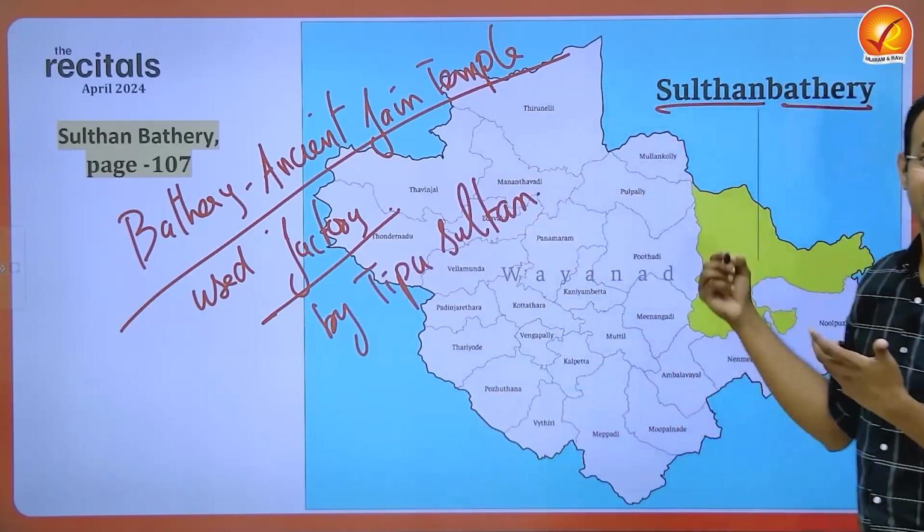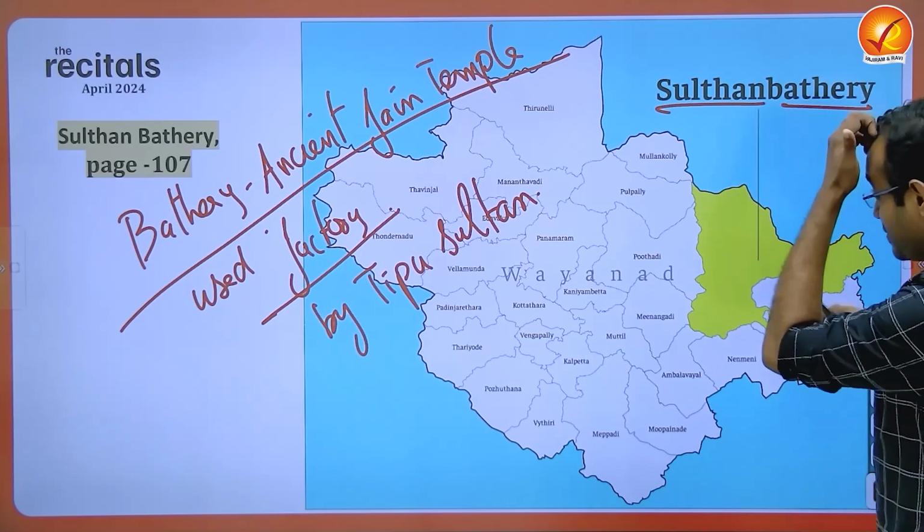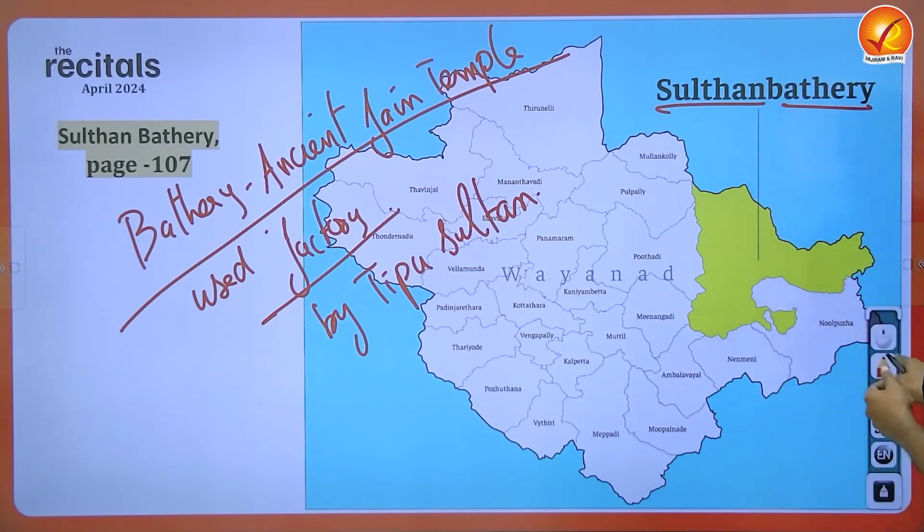So it gets its name from Bathery, the ancient Jain temple, and from Tipu Sultan who used it as an ammunition place in the 1700s. It has been in the news over its naming and its discussion.